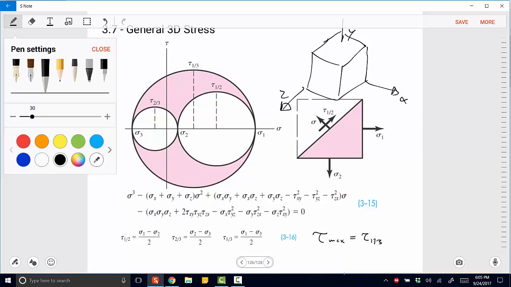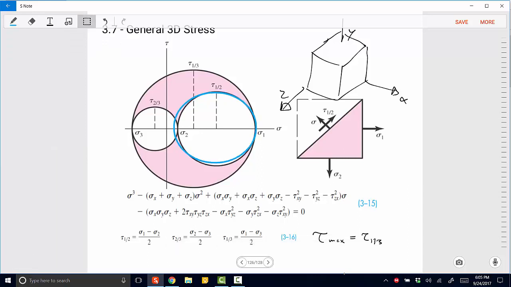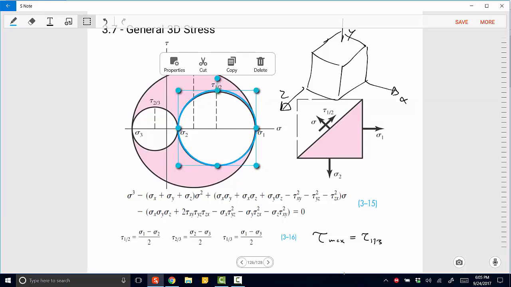So let's first consider two dimensions. Let's say that we take a 3-dimensional element, we slice it and look at only a 2D sliver of it. Say we just look at the x-axis and the y-axis.